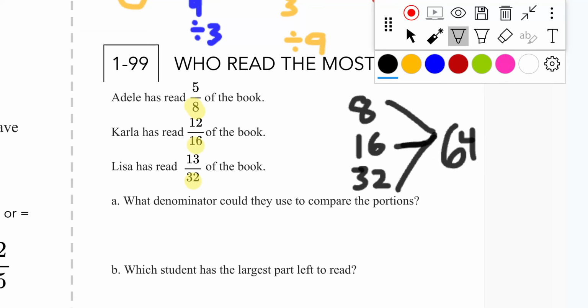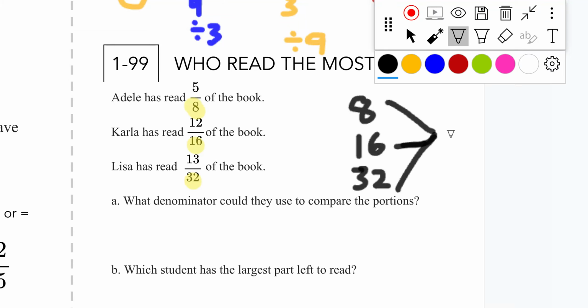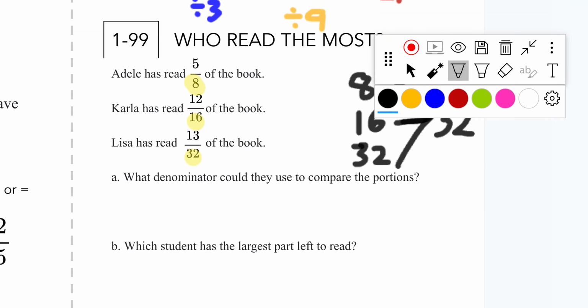The answer is yes, they do. But is there a smaller number they can go into? If you said the smallest number they all go into is 32, that would be the correct answer. That is the least common denominator of all 3 of these fractions. So comparing these 3 fractions, you will get some answers.